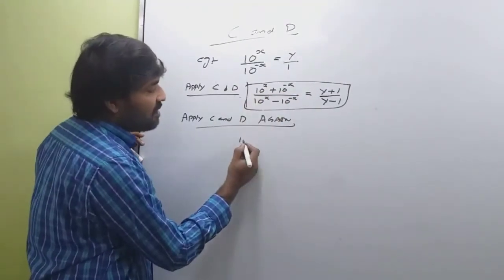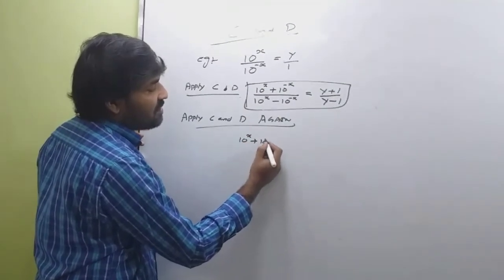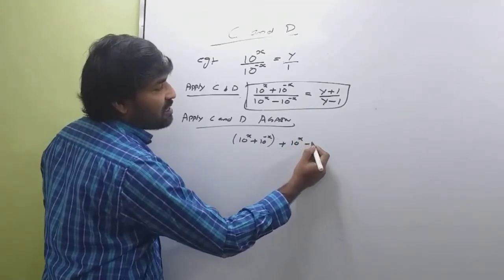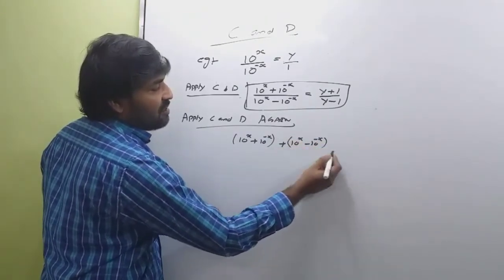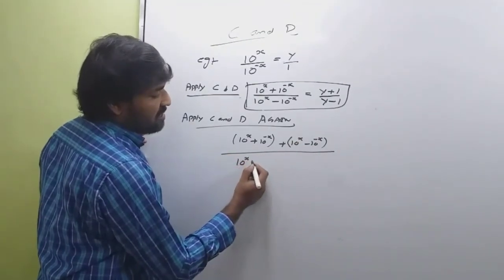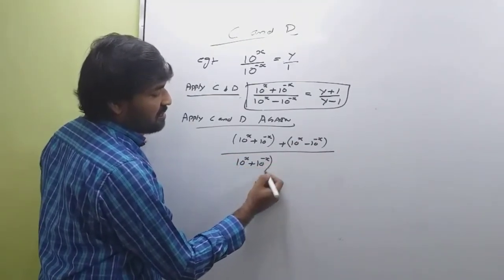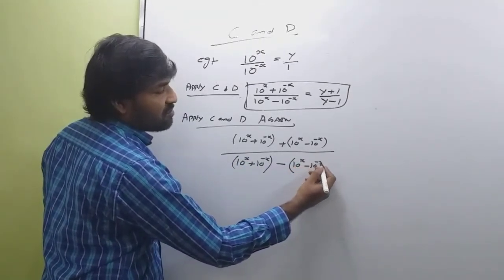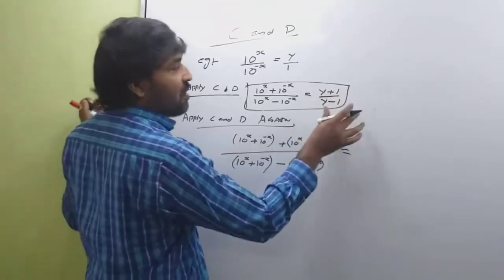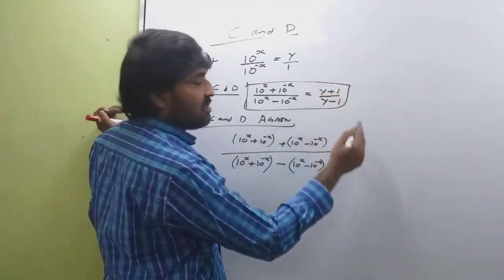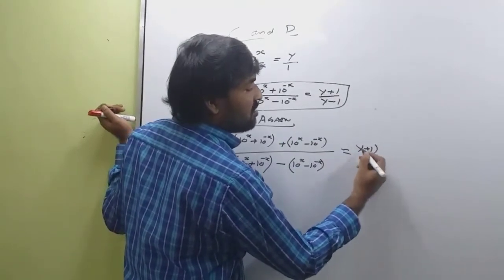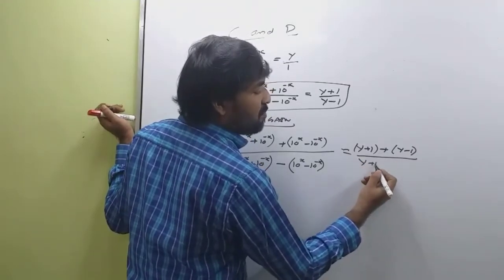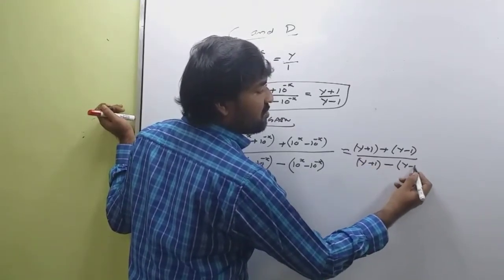That means 10 raised to x plus 10 raised to minus x plus 10 raised to x minus 10 raised to minus x divided by 10 raised to x plus 10 raised to minus x minus 10 raised to x minus 10 raised to minus x, that is equal to, applying C and D on the RHS, y plus 1 plus y minus 1 divided by y plus 1 minus y minus 1.